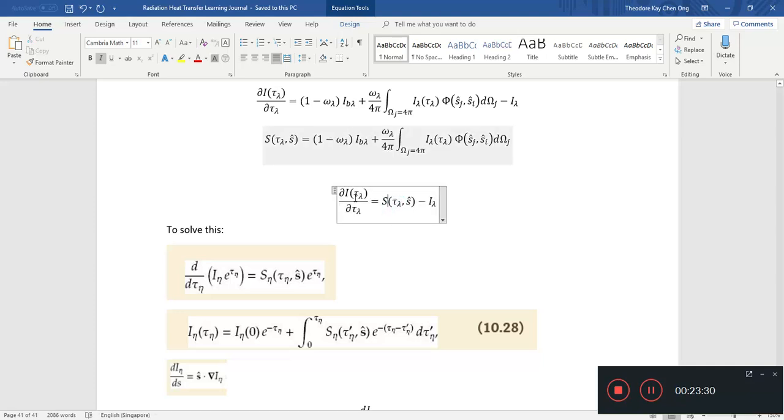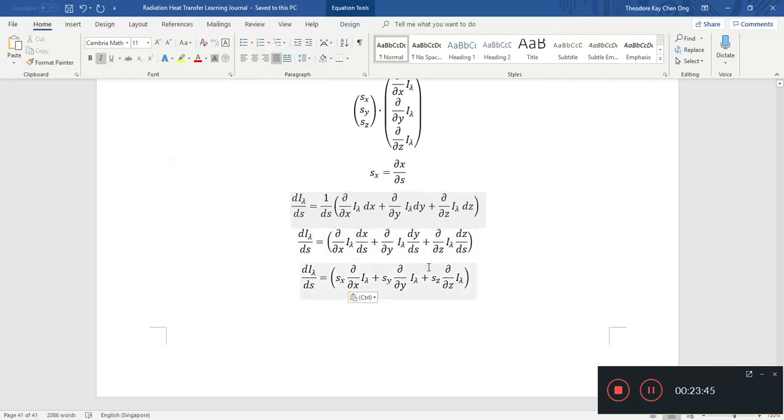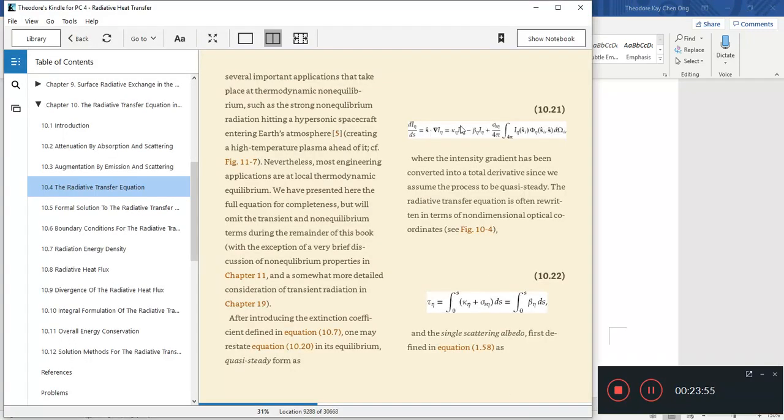Writing dI/ds using the divergence is just a more complicated way of writing the same thing. Hopefully this helps us bring everything into the Cartesian coordinate system. Maybe it helps to solve easier later, but it is what it is. Just giving you an insight into what this actually is. Hopefully it's not confusing you.